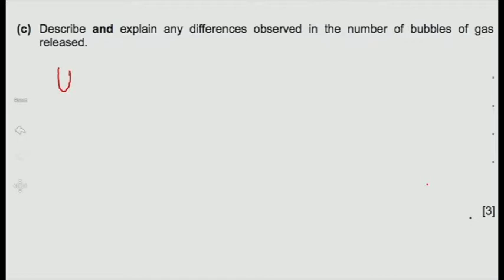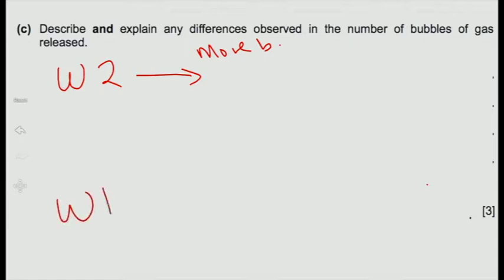Let's start with W2. That one is 3 marks. With W2, chances are there were high bubbles, all right? A high number of bubbles. More bubbles here. Then W1, less bubbles. Why? If there are more bubbles in W2, chances are there was more yeast added.